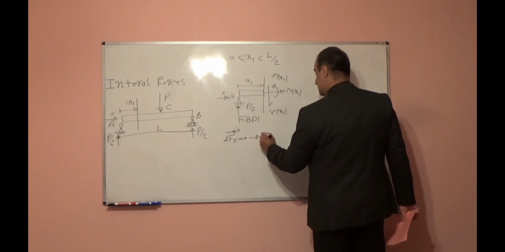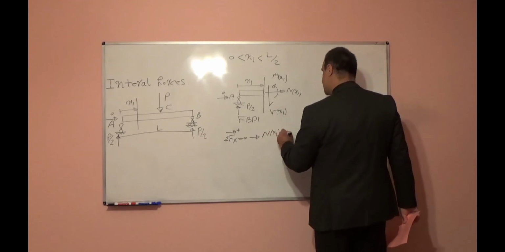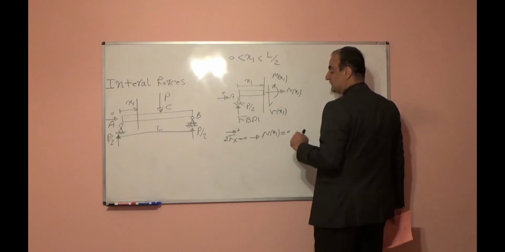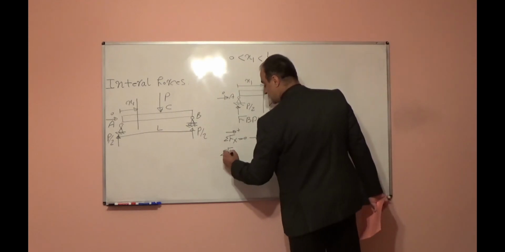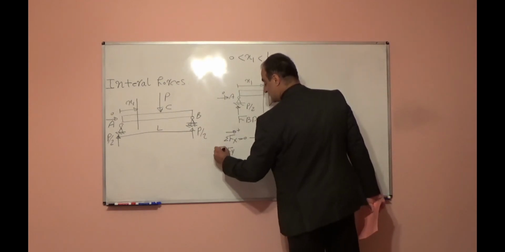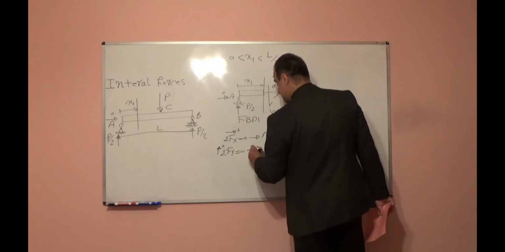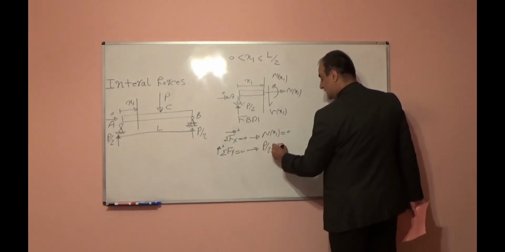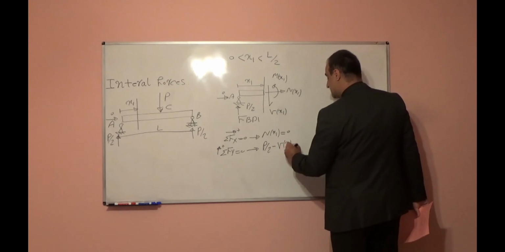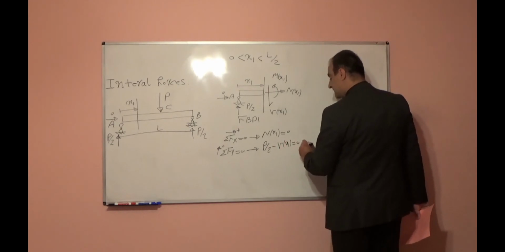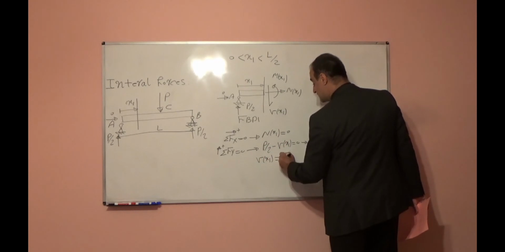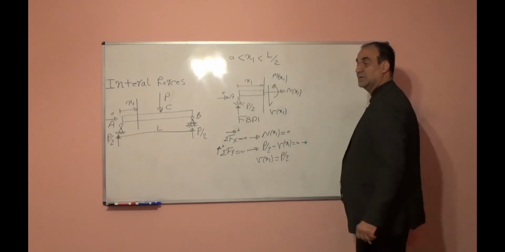Here, I will have nx1 is equal to 0. In order to find shear force, I can write summation of forces in vertical direction equal to 0. So I can write P over 2 minus Vx1 is equal to 0. From here, Vx1 will be equal to P over 2.